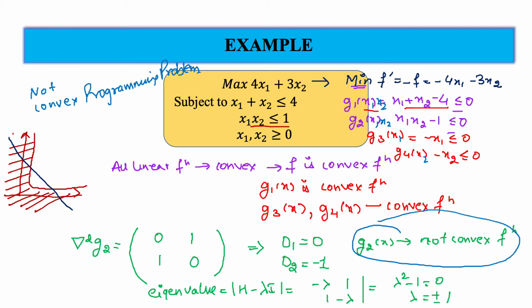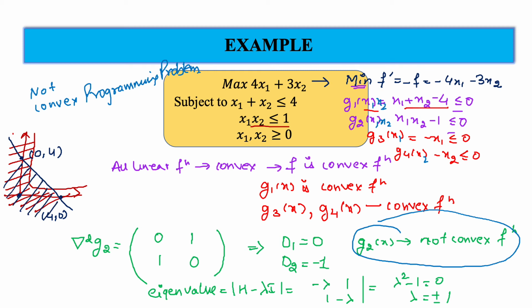So x1 will be 4, here it is (0, 4), and here it is crossing (4, 0), the points. Okay, so that's the line equation. It should be less than 4. If you will take x1 and x2 both 0, origin, so origin is less than, so it is satisfying. So that's my feasible region.